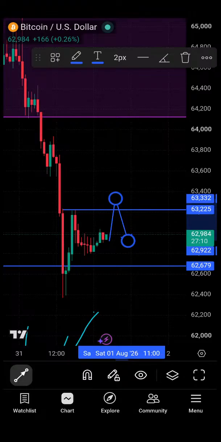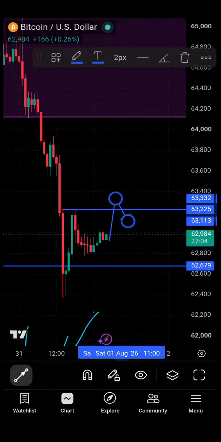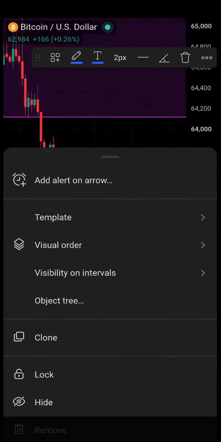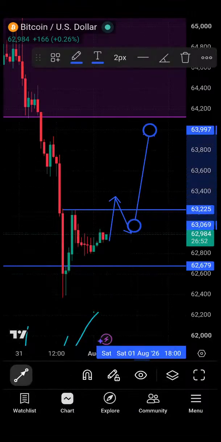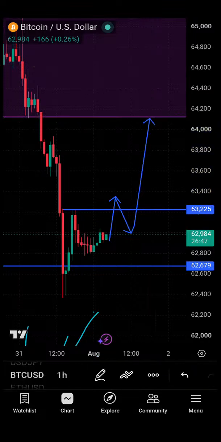A break outside of this high tells me that there is a change in state of delivery. Then I will wait for the market to pull back and retest before I take a buy to this area. This will be my target. But now I'll patiently wait for a breakout.